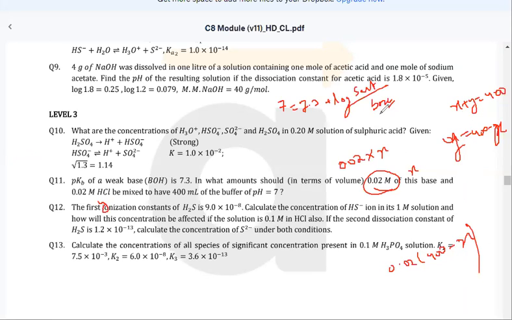Can you solve the value? Tell me, it will be a linear equation in one variable. Yes or no?